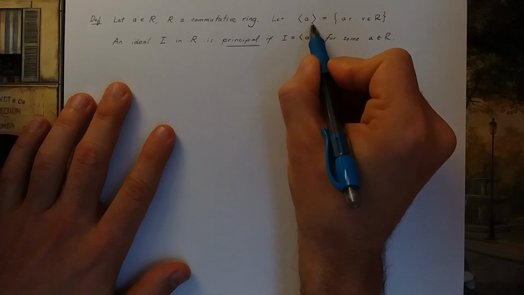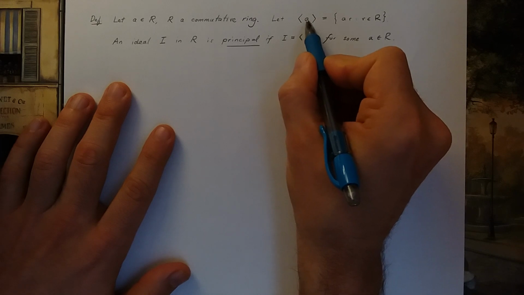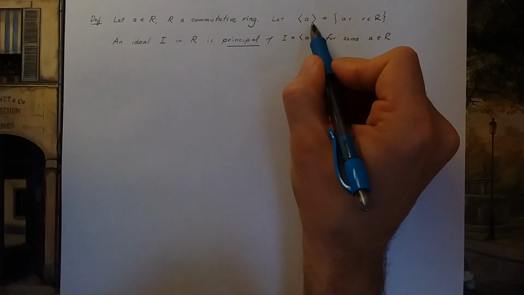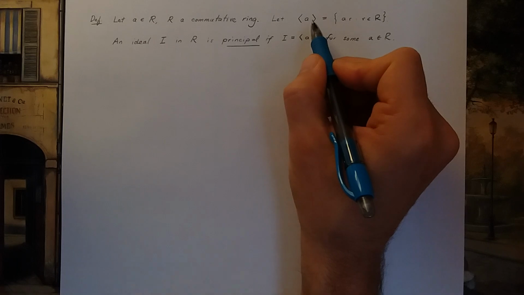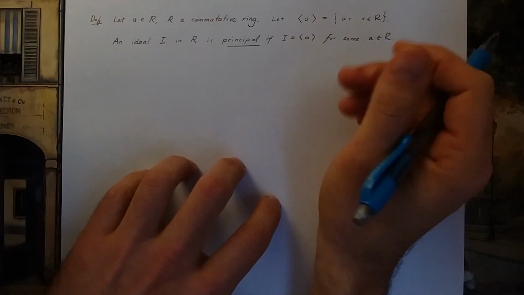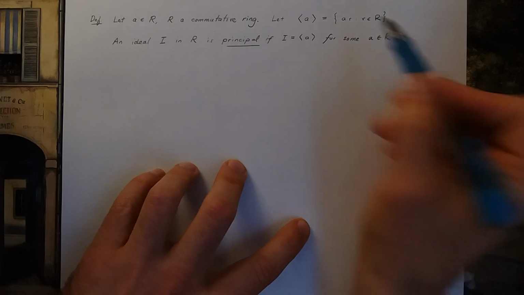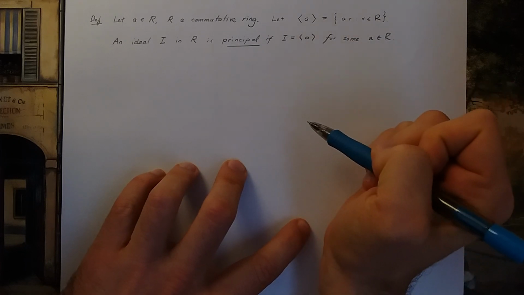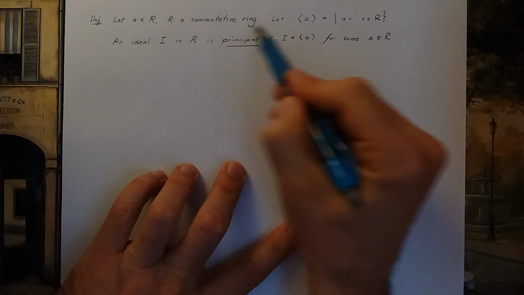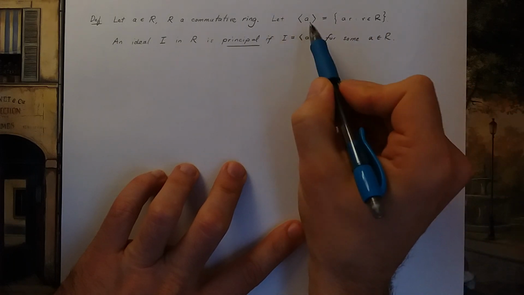Now we've seen this notation before in group theory. This notation with the bracket was the cyclic subgroup generated by A. And if you think about what the cyclic subgroup generated by A is, it's the smallest possible subgroup that contains A. It's a similar notation for rings.